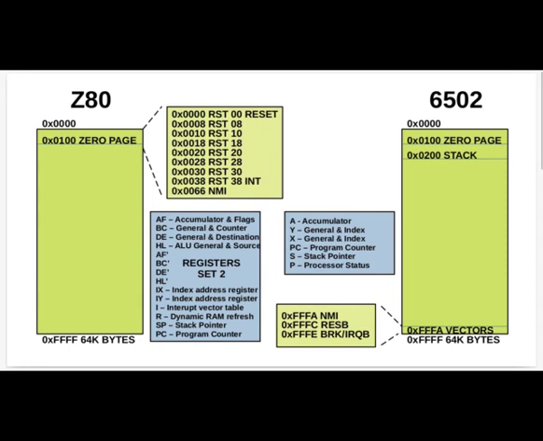Some of the registers on the Z80 are for specific purposes, like the I register for the interrupt vector table, and that provides the upper address of a vector table of jumps to interrupts, and the actual device which is interrupting the CPU will provide the lower part of that address, so it forms a 16-bit address, and that 16-bit address is a pointer to the actual routine for that particular piece of hardware.